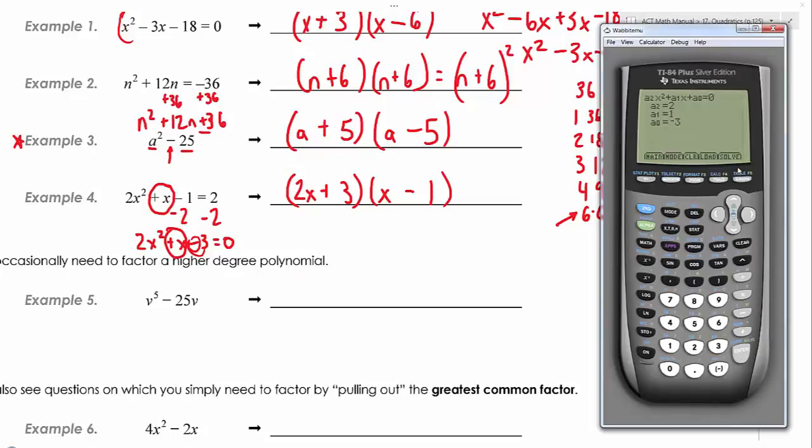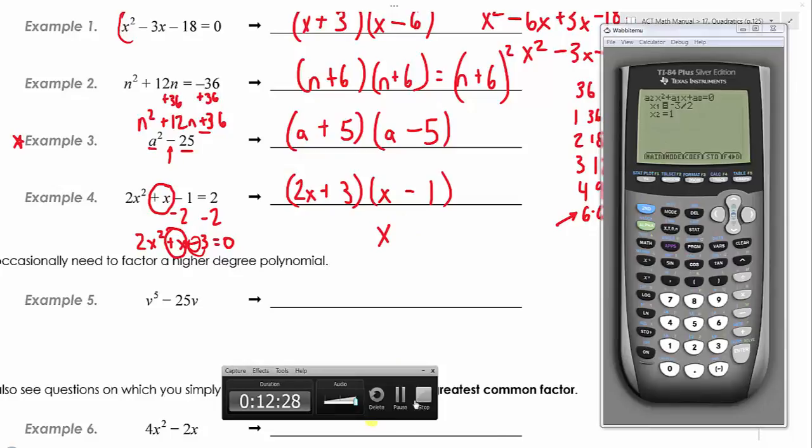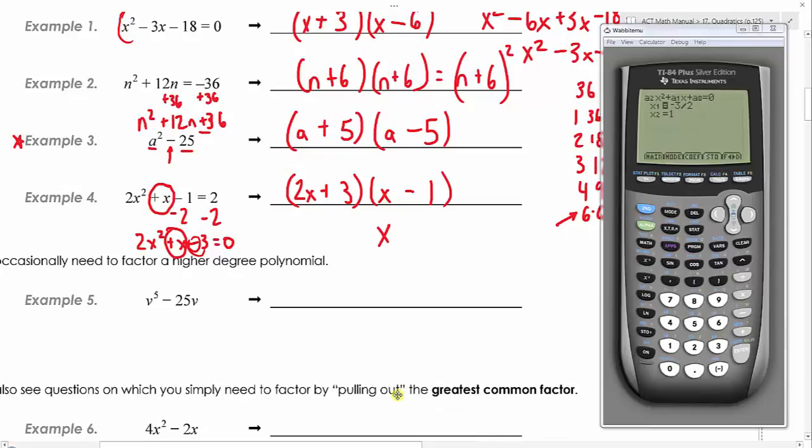Now what this is going to do when I hit solve, which again is that graph key, this solve tab indicates that I need to hit the graph key. What I get are my 2 roots, my 2 zeros. So what I get here is my 2 zeros.